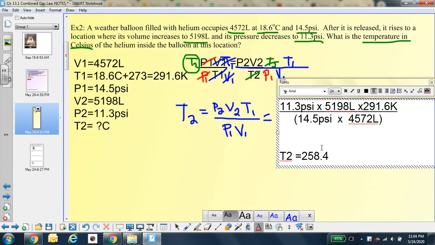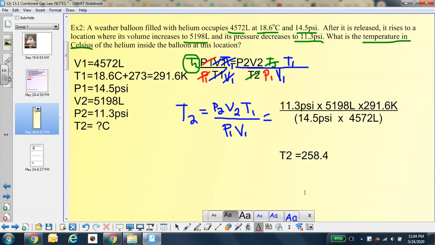I get 258.4. Now what is my unit? Well, PSI cancels away, liter cancels away. Kelvin. Temperature is in Kelvin, but do I need it in Kelvin? No, I have to convert it into Celsius.